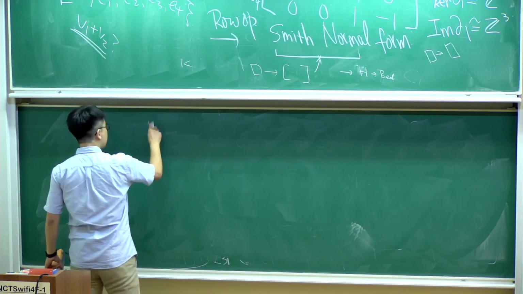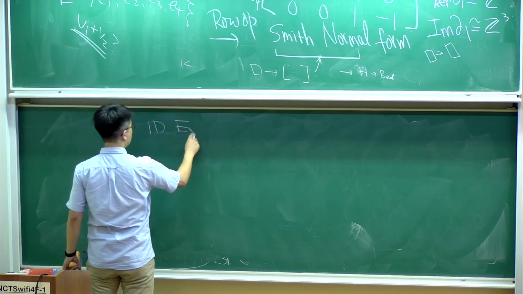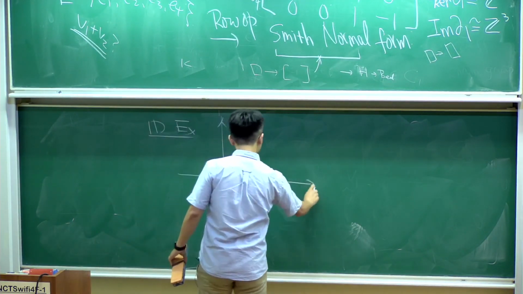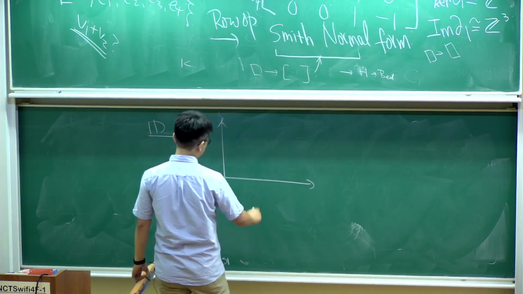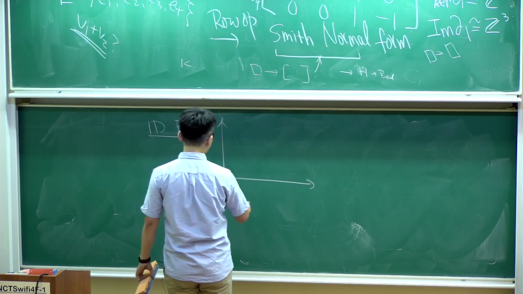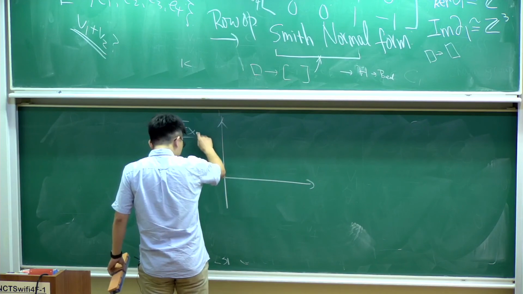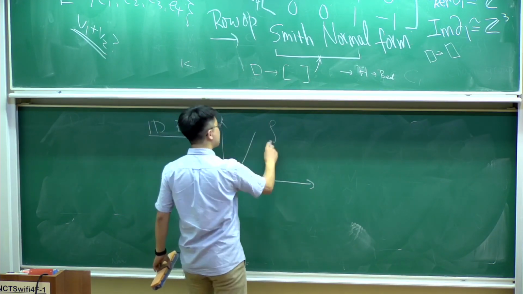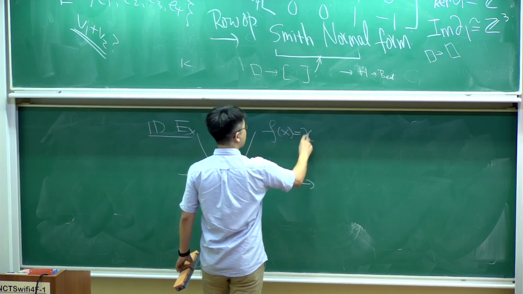All right, let me give you a 1D example. Suppose I have a function like this. Let me do a very simple example. Suppose this function is x squared.